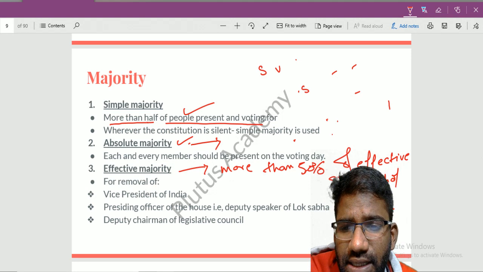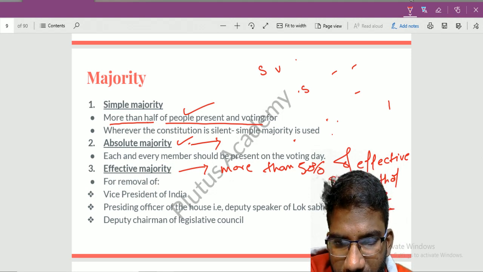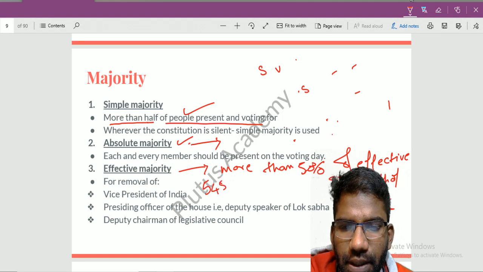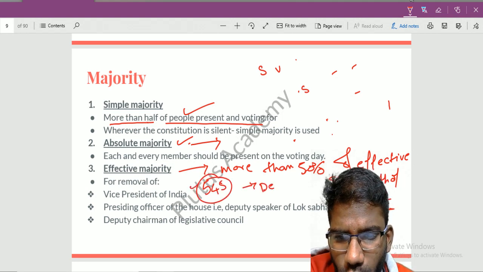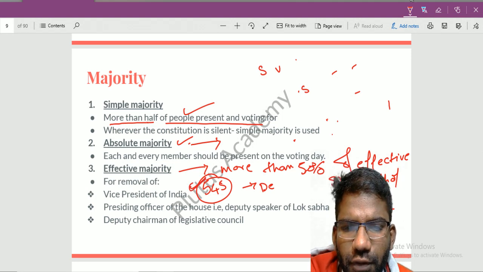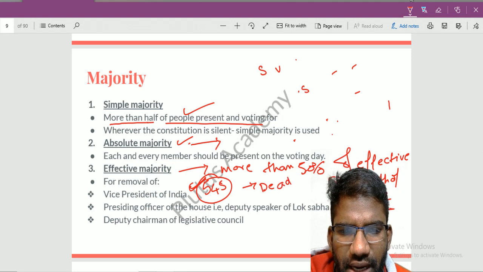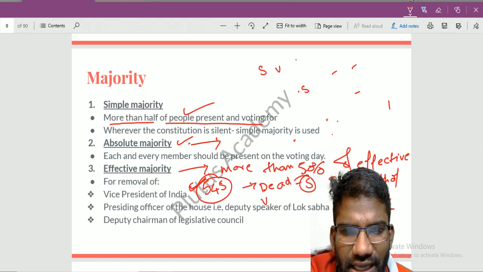What does this mean? In simple majority we discussed if there are 545 members, certain members can be dead. This is the total strength. Like 545 members are there in Lok Sabha at the present stage. Certain members can be dead. So if 5 members are dead and there is a vacancy of 10 members, so 15 members are gone.